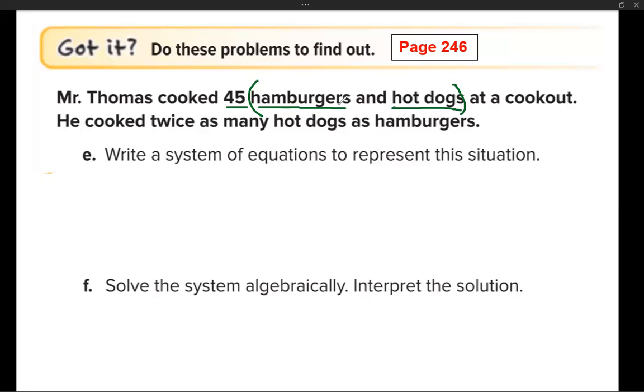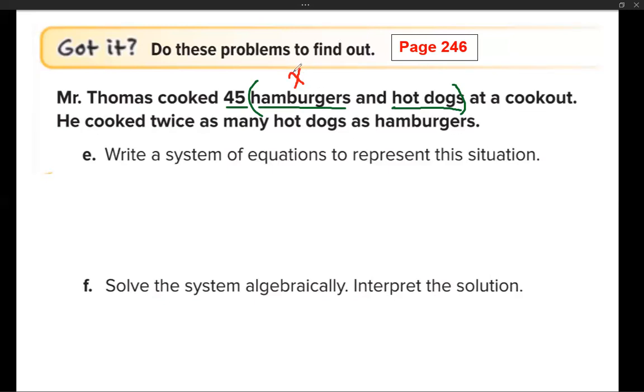So for hamburgers, as an example, we can assign a variable called just x. Okay, we can name this variable anything we want. We can say A, B, C, or Z, anything. Okay, let's take x. What is the number of hamburgers? We do not know that number, so we can represent it by the variable x. Why?